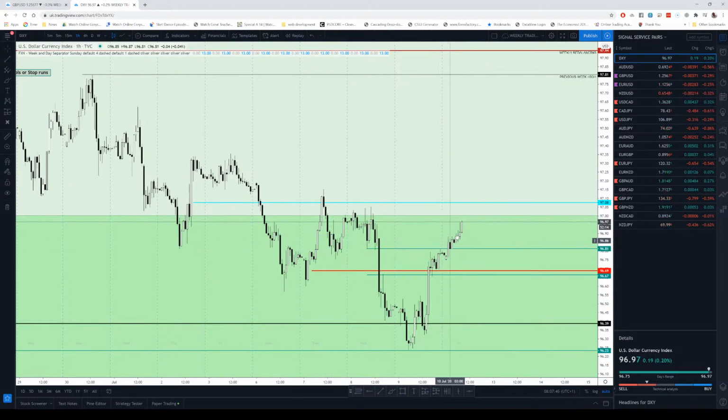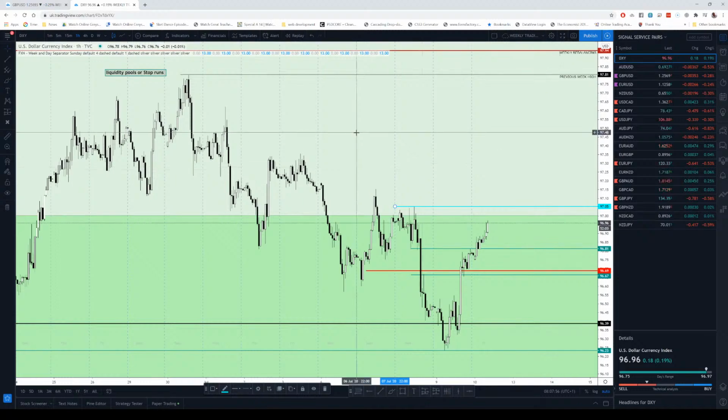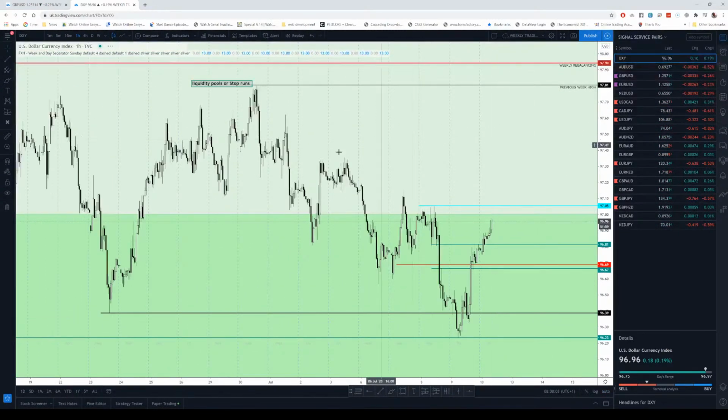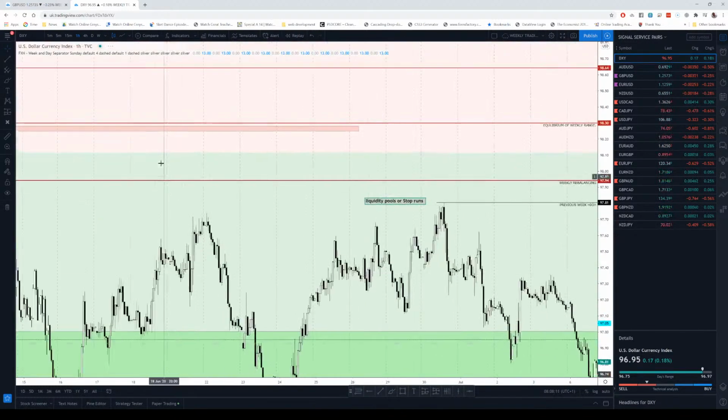And today, with what we have, I personally think, and that was one of the things I was going to talk about, liquidity pools and stop runs. When we are in a consolidation market, the market that we are in right now, price is not going to run one way.